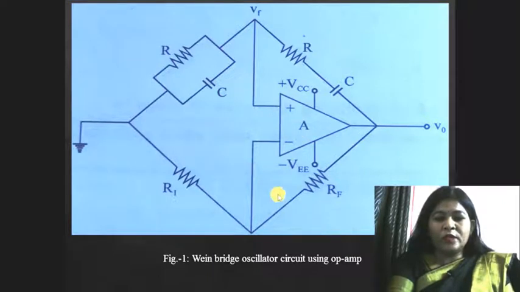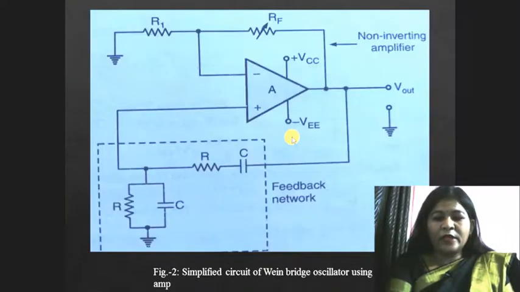So this is the Wien-Bridge oscillator circuit using an op-amp. The simplified circuit of this Wien-Bridge oscillator using an op-amp is like this. You can choose any one of the circuits and design the Wien-Bridge oscillator using an operational amplifier.